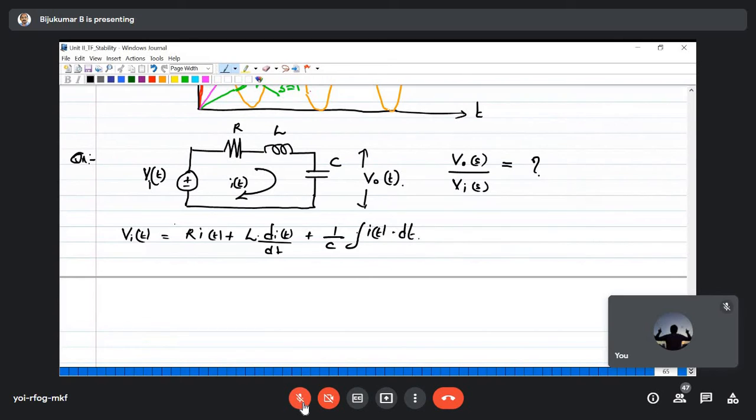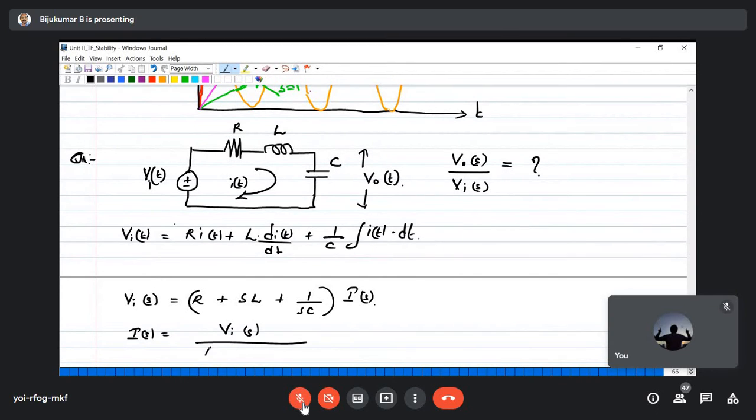If we apply the Laplace transform, you will get Vi of S is equal to R plus SL plus 1 by SC multiplied by I of S. So I of S can be written as Vi of S divided by R plus SL plus 1 by SC, right?